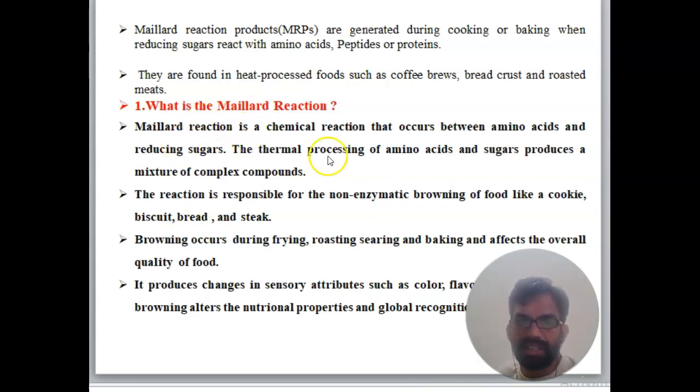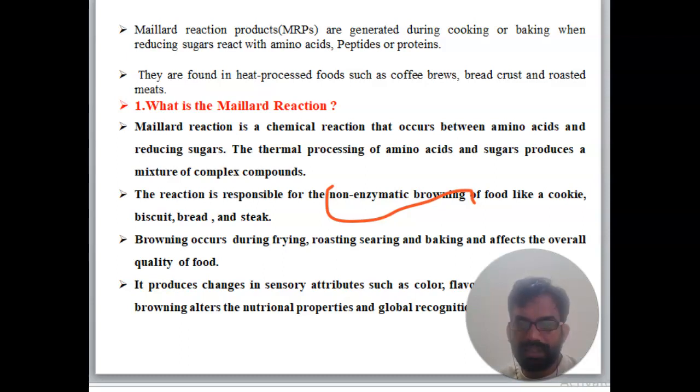So you can see exactly what the Maillard reaction is. It is a chemical reaction that occurs between amino acids and reducing sugar. The thermal process of amino acids and sugar produces a mixture of complex compounds, and the reaction is responsible for non-enzymatic browning. You can see this in foods like cookies, biscuits, breads and steaks.